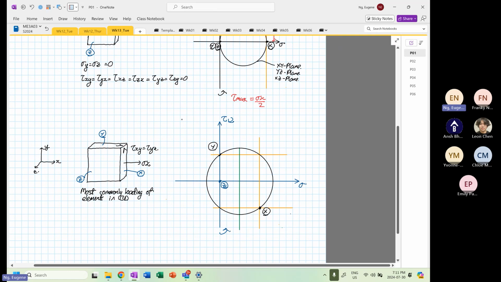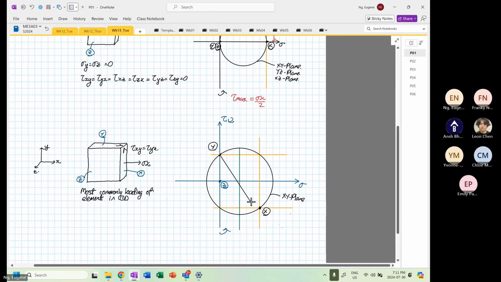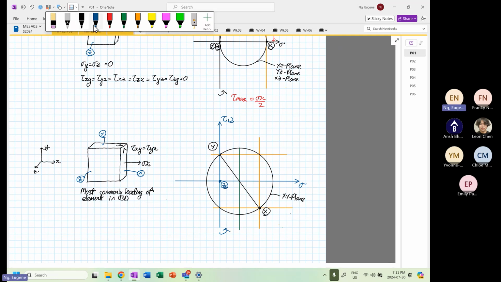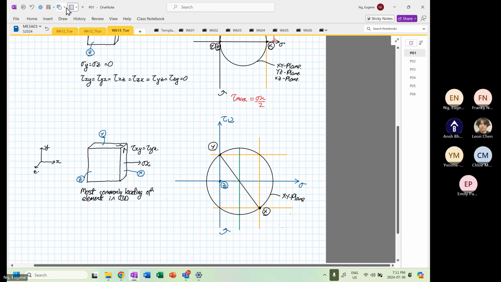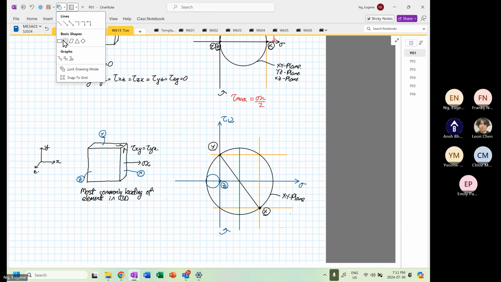We know that this circle belongs to our XY plane. And I can now sketch a line, and then come the other two circles. One is here, and the other one is here.